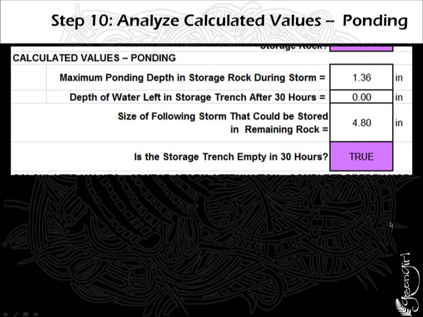So one day we get the 2-year storm and the next day we get the 2-year storm. Well, the size of the storm that could be stored in the rock the next day after 30 hours is 4.8 inches. That's also including the 40% void ratio. So that's twice as big. Remember, our 2-year storm is 2.5 inches, and that's almost twice as big as our 2-year storm.